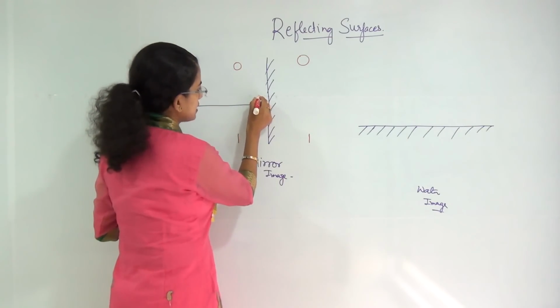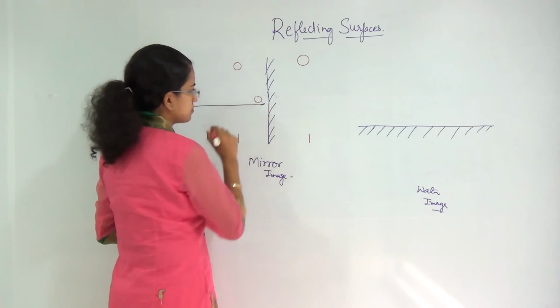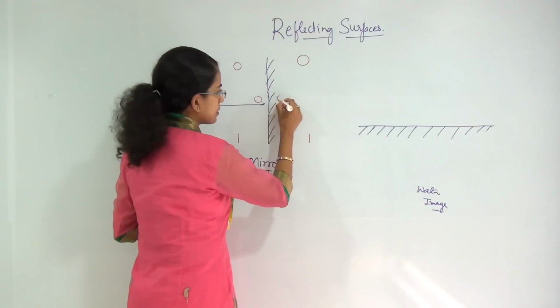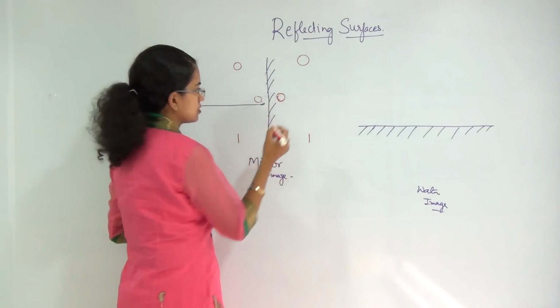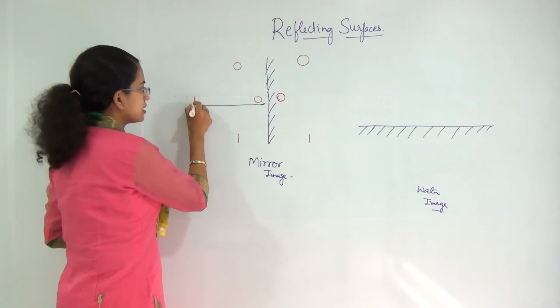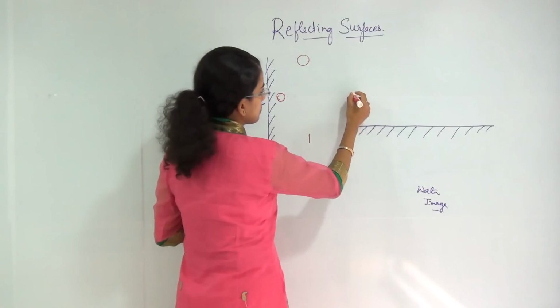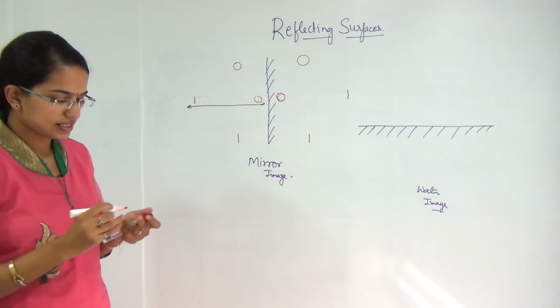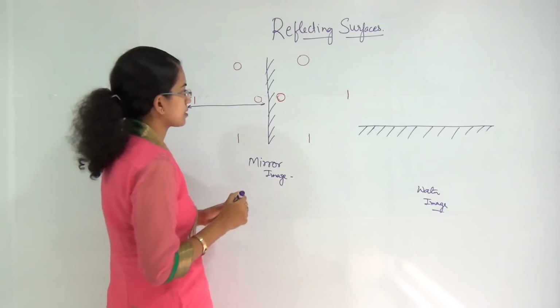Okay, so if there is a circle here, this circle in the mirror would appear closest here, and then there is a line here. This line would appear at the distant location here when I see the image in the mirror.